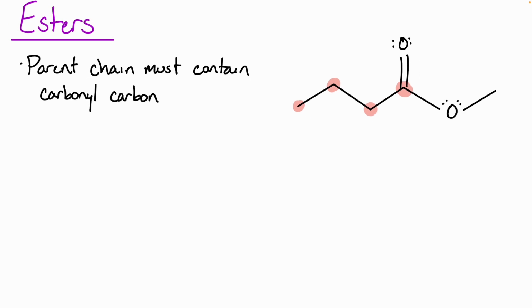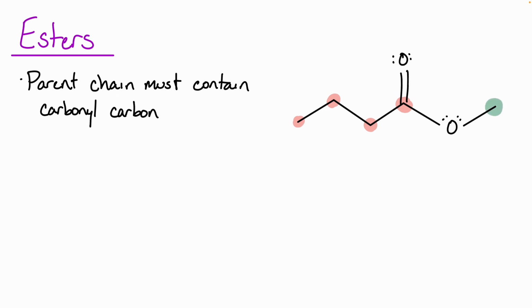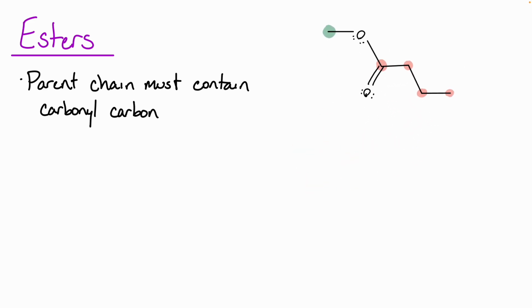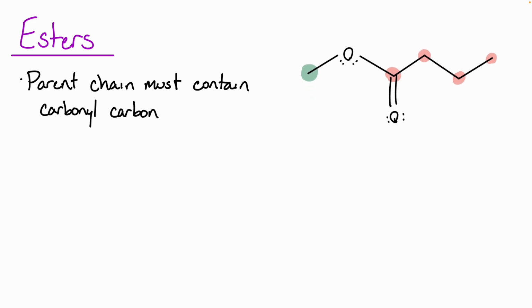The other carbon is going to be considered a substituent. All right? And I'm going to flip this thing around to make a point here. All right, we're going to call this part here our ester substituent.